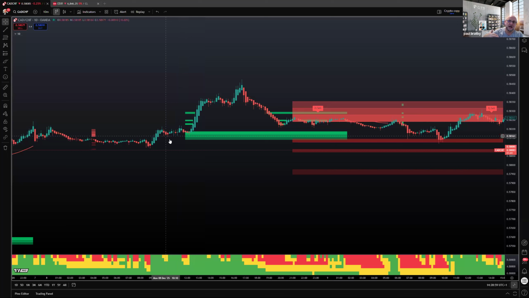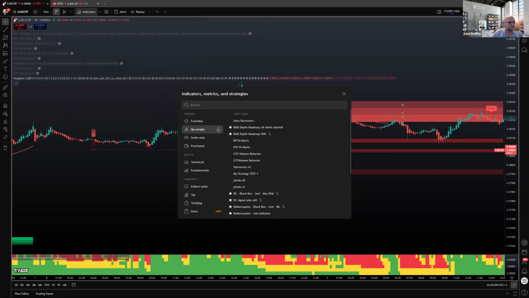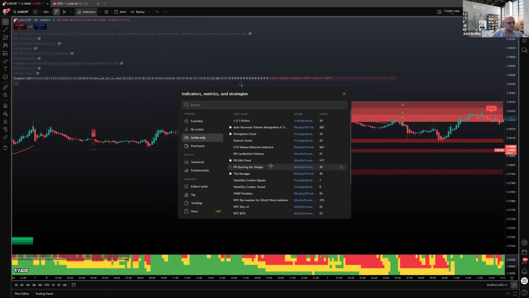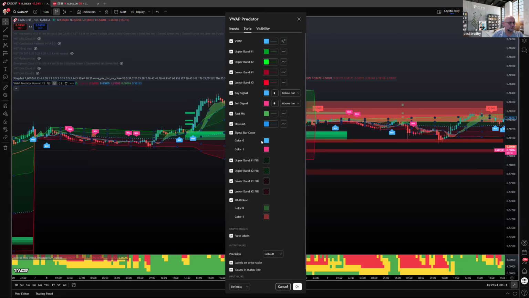There are things you can add to this, like say the VWAP Predator. Have we got it on there? Let's add the VWAP Predator. Bear with me. So I'm going to add the VWAP Predator, but I'm going to take those extensions off for now, just to clean up the chart.